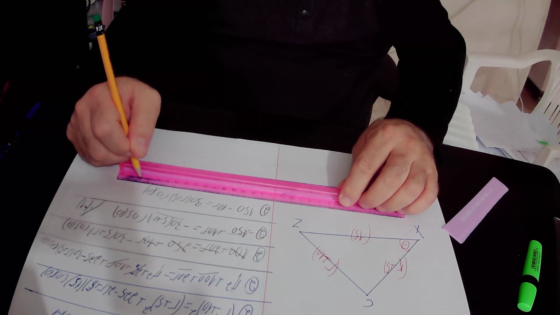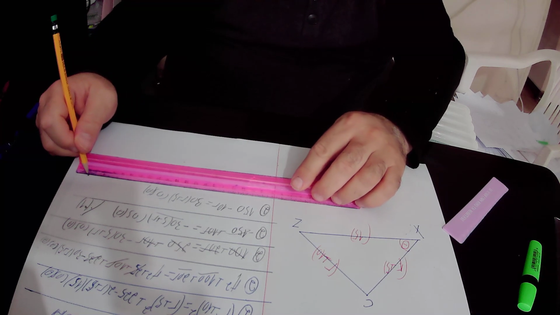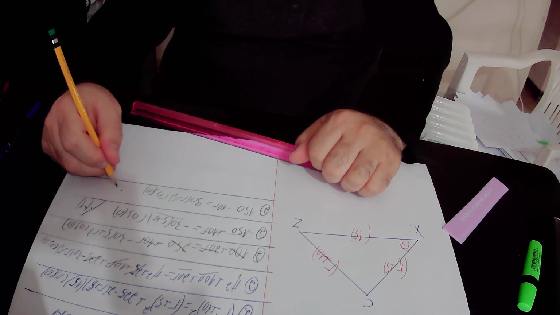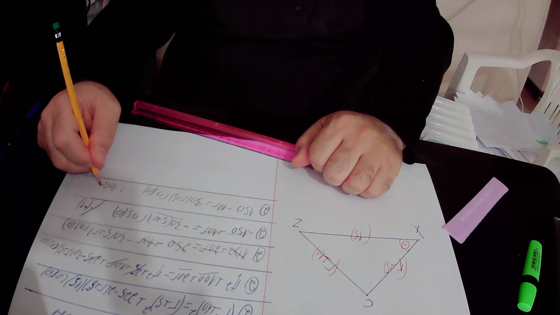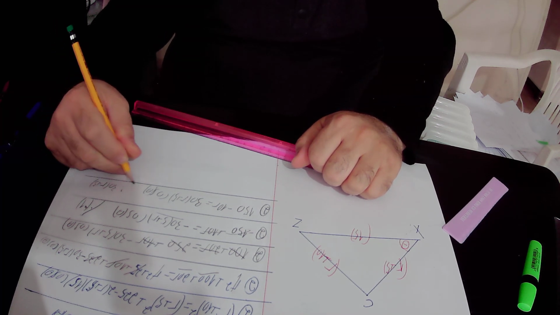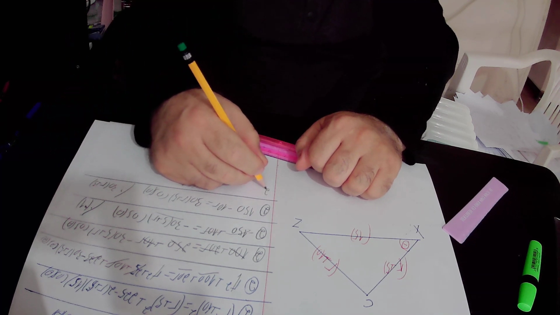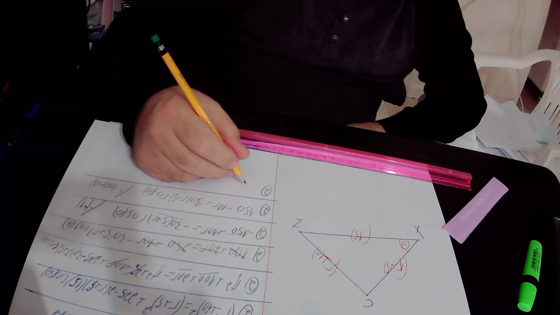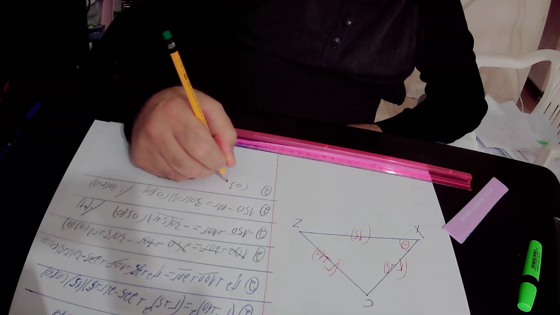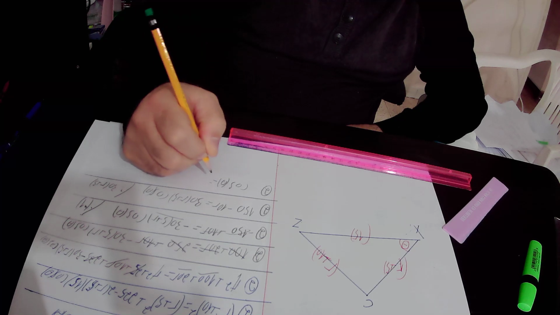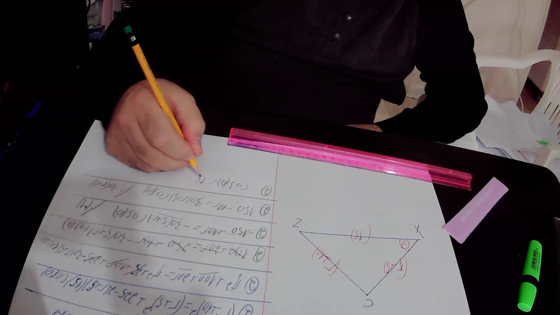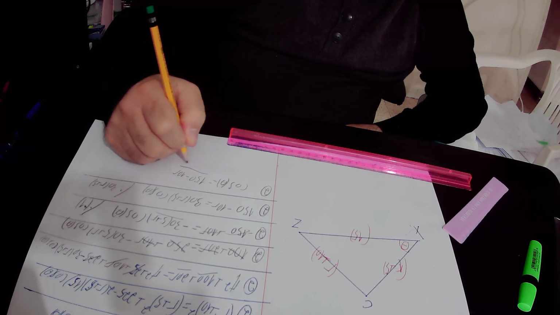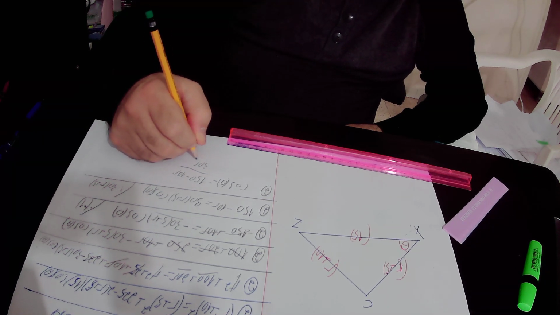Here we will divide equation number 2 by 30 times r plus 5, and we will get that cosine theta is equal to 150 minus 10r over 30 times r plus 5.